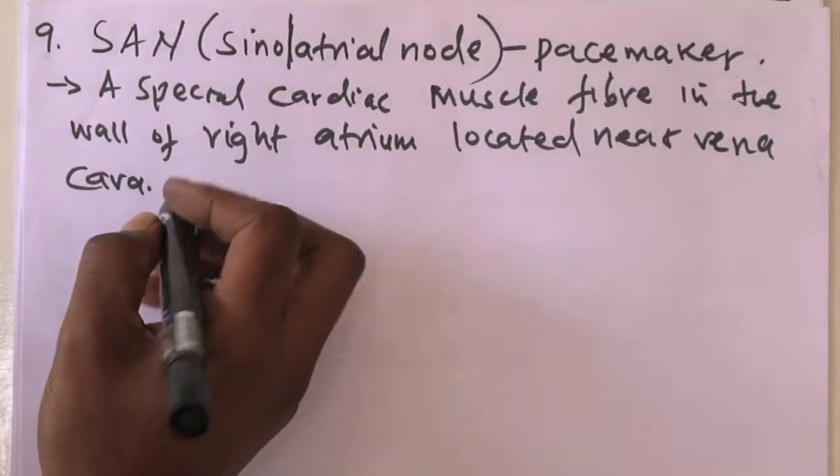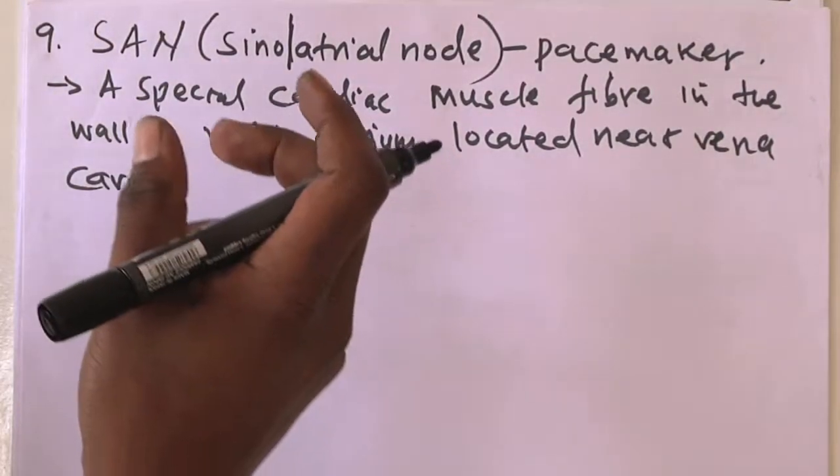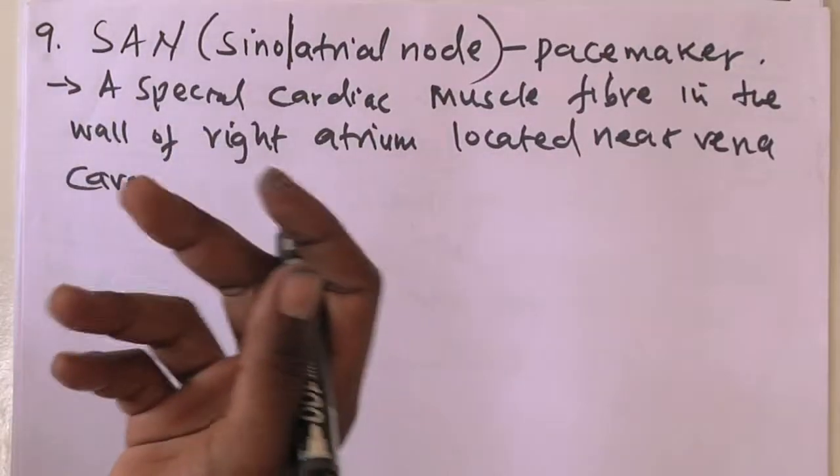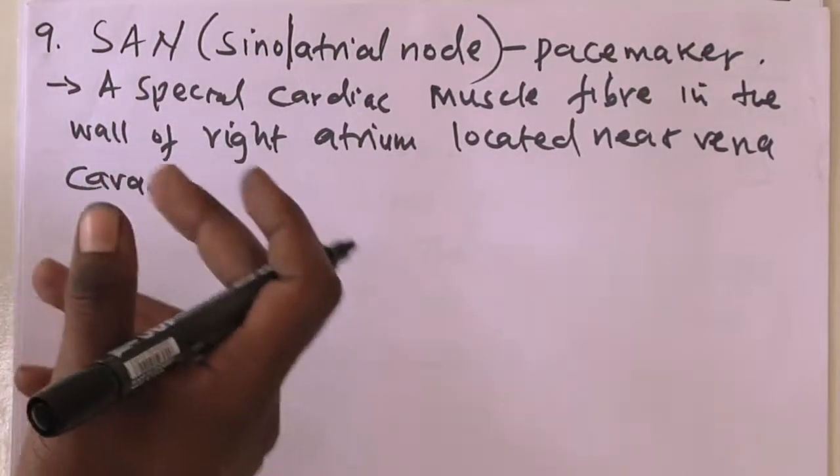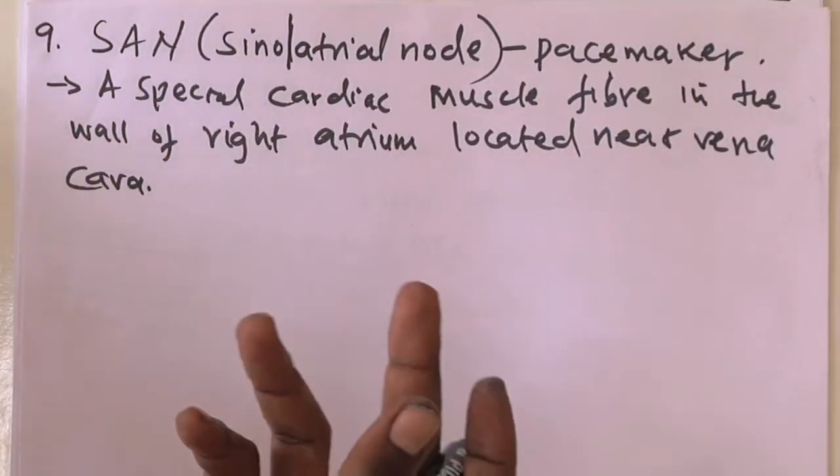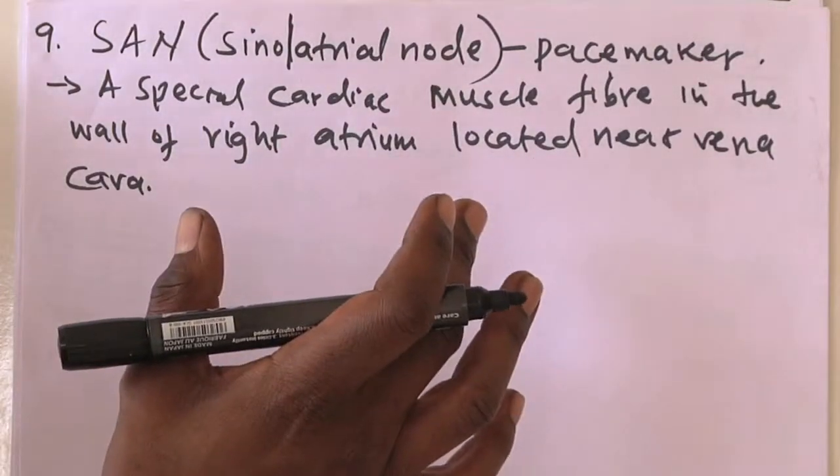So the sinoatrial node, the special muscle located on the right atrium, what does it do? It is located near the vena cava.